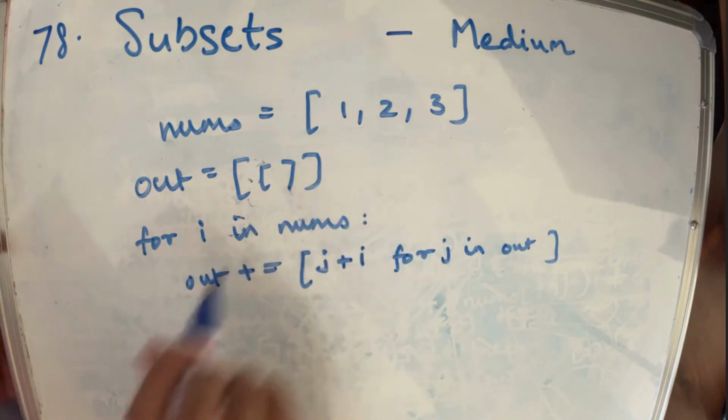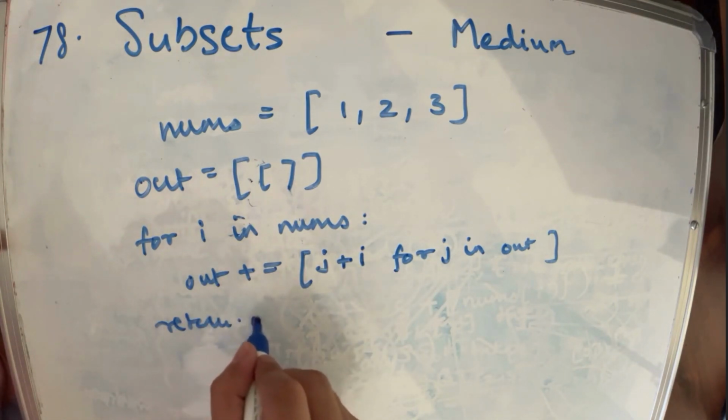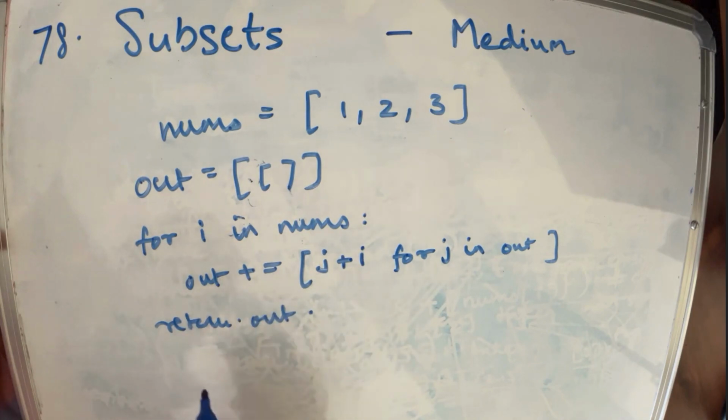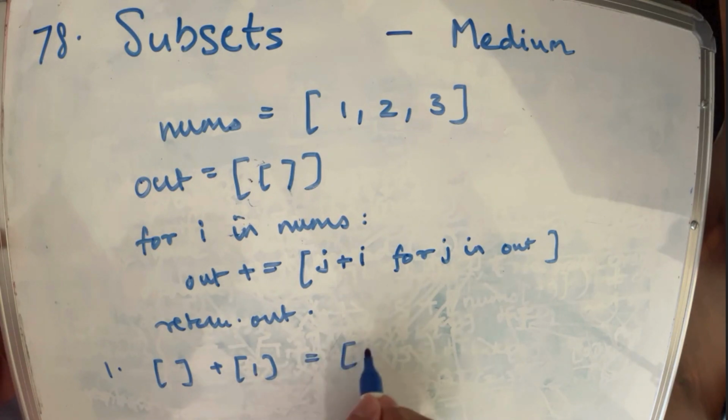Let's do a dry run to understand it. So we return output. Looks very easy, right? Let's say we start with an empty set. The first step is we add 1, so this will become the empty set and 1.